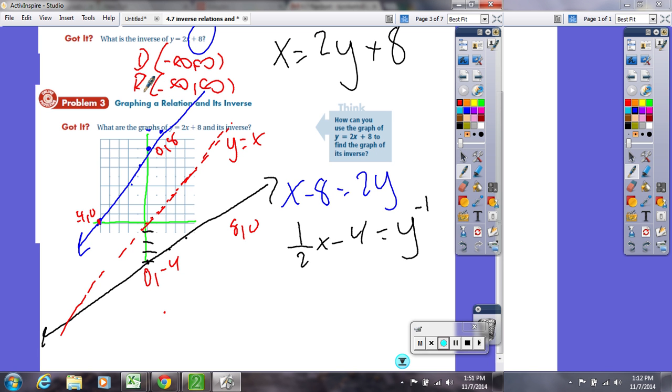What's the domain of this guy? Now right here, this doesn't really make sense, but hold on. Meaning the inputs become the outputs. The outputs become the inputs.